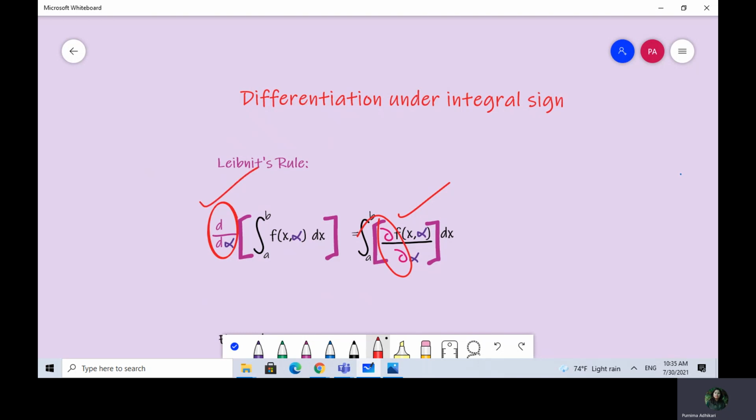You will tell me what is the reason behind this. Why are we doing this? Tell me. These a and b are constants, okay?